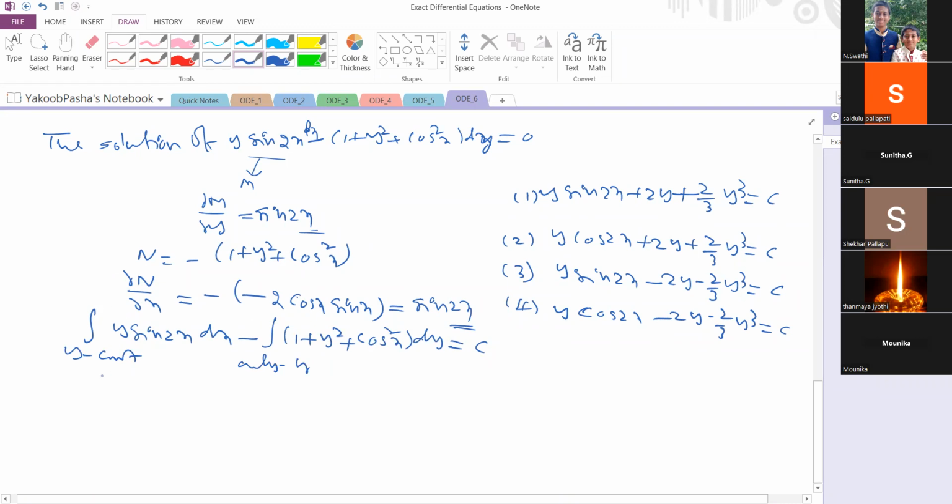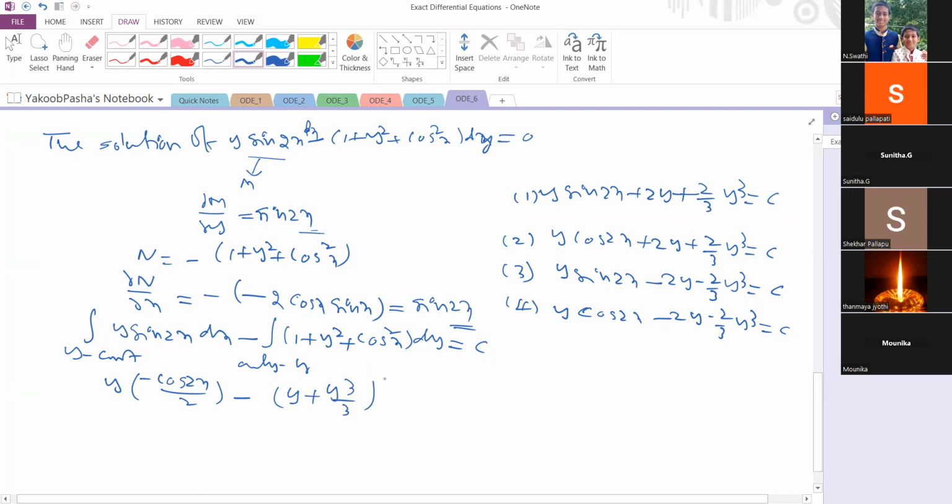So y constant means y into integration of sin 2x, that is minus cos 2x by 2, minus only y terms: one is constant, dy integration is y, and y square integration is y cube by 3.